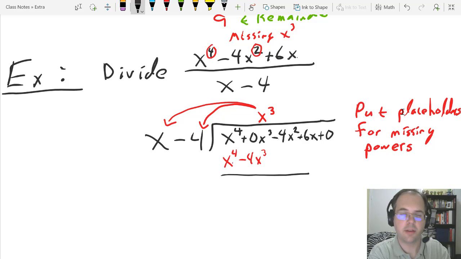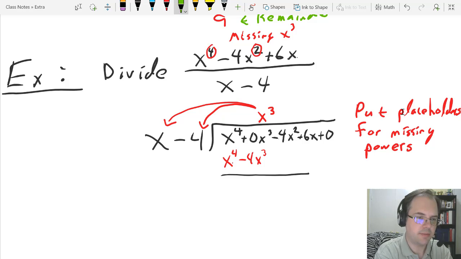Okay, and so just like longhand division, in this step we subtract these two terms from the terms up above them. Okay, and so what will happen here is the signs are actually going to flip when we do subtraction. So signs flip and we add.